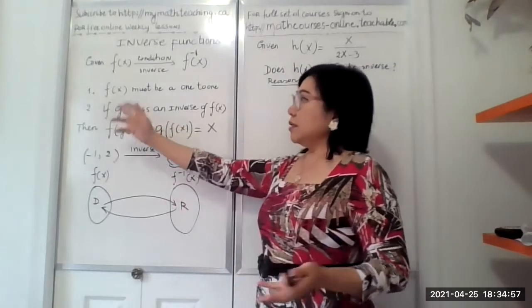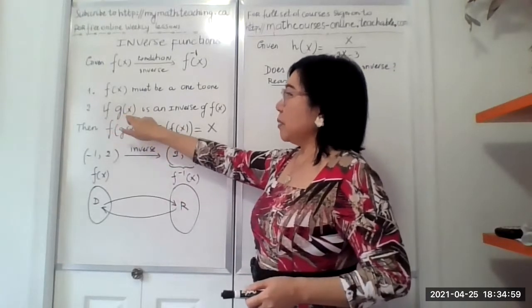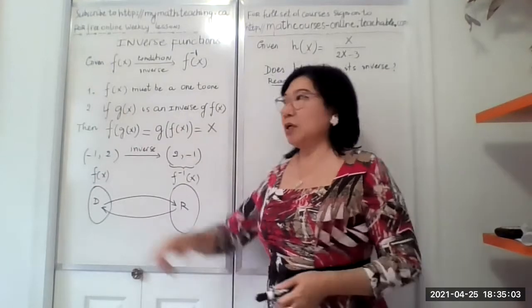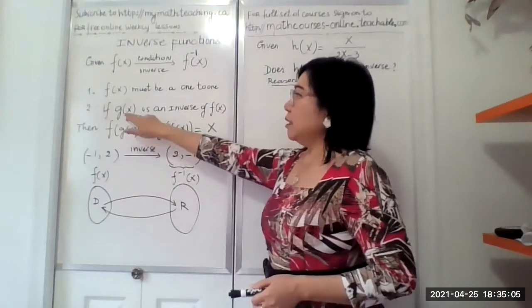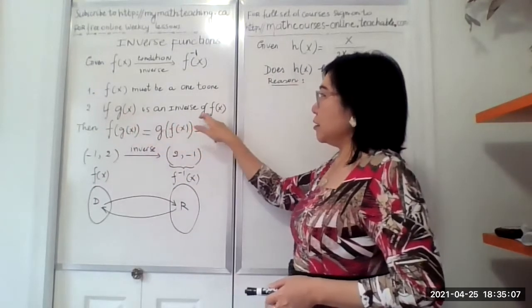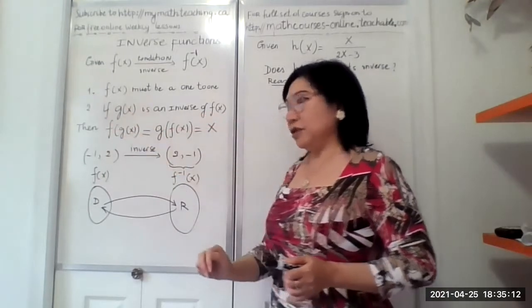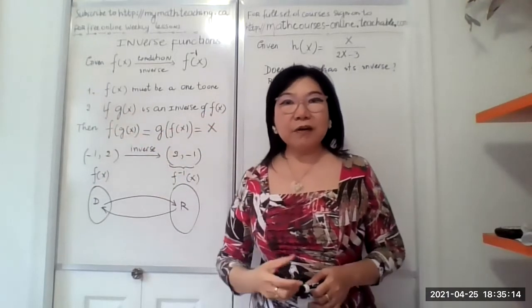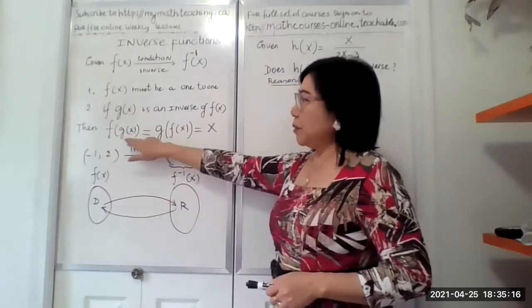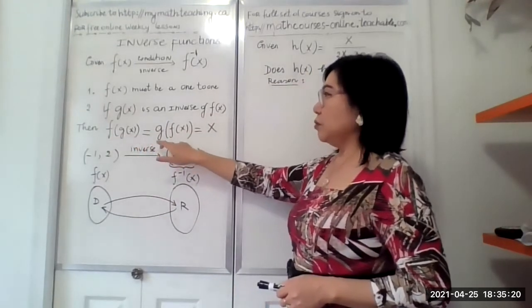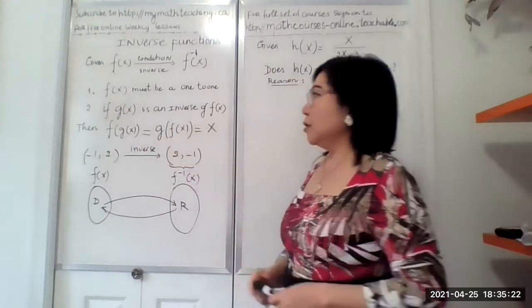So let's say we call the inverse function by a new name, g(x). If g(x) is the inverse of f(x), then the second condition is to check whether f(g(x)) equals g(f(x)).